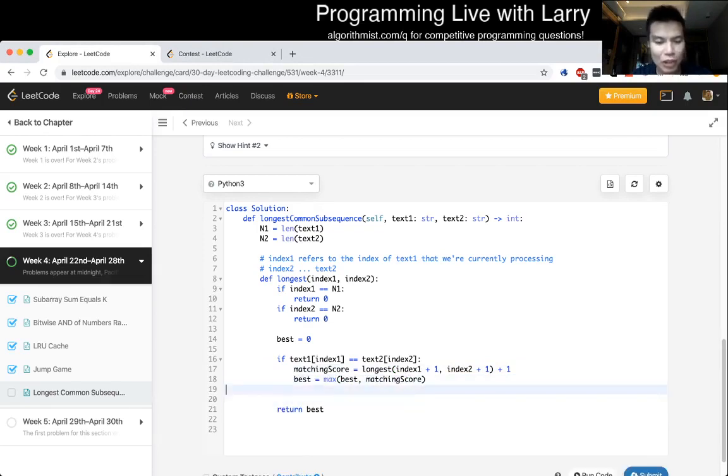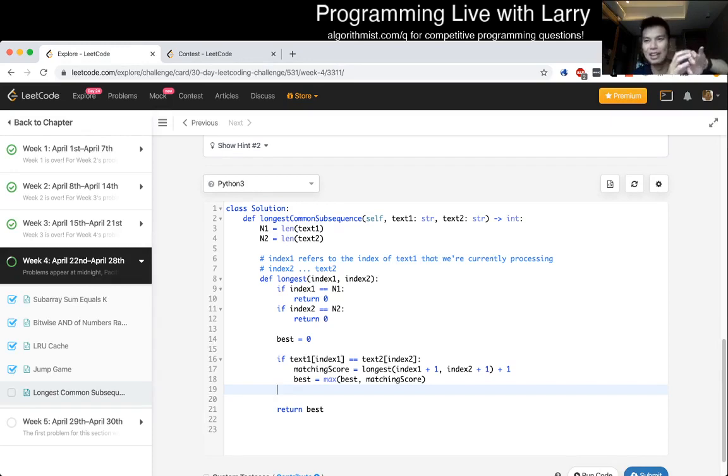But we don't know if that's the best score, right? Given this case, this is one case that we're considering. What's another case? Let's assume that they don't match, or that we don't want to match. Then we can either throw away the character at index 1 from the first string, or throw away the character at index 2 from the second string.